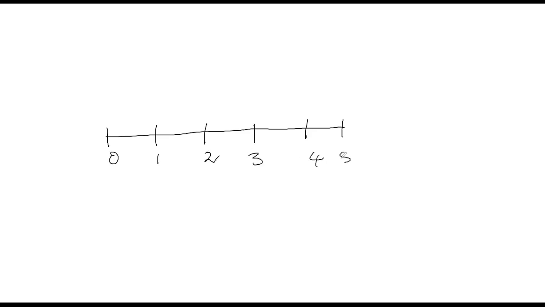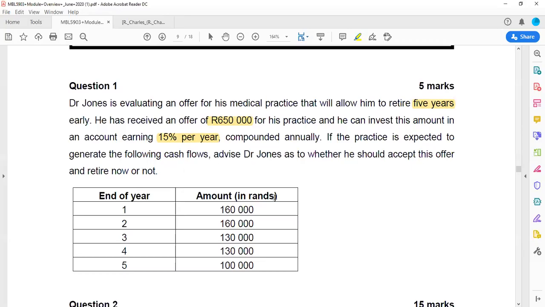Okay, so we can draw a timeline just to illustrate everything that's happening here. We have time 0, time 1, time 2, time 3, time 4, time 5. We are being told that this doctor knows that the practice that they have is going to generate these cash flows.